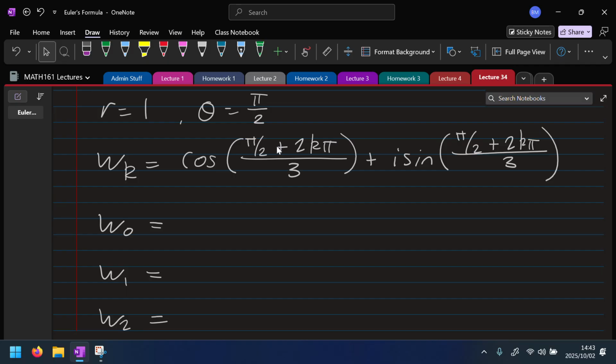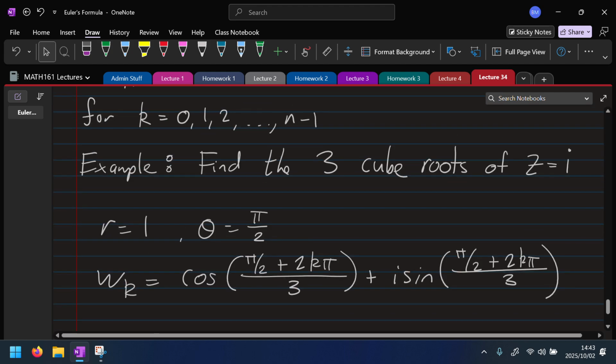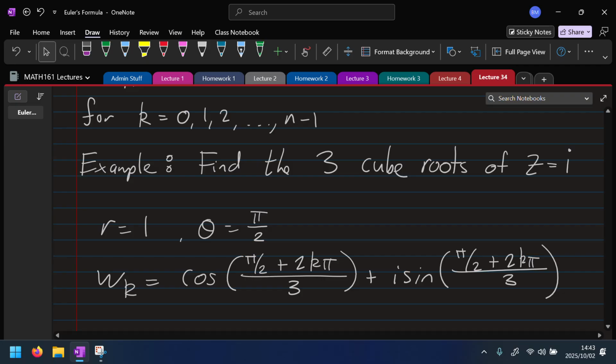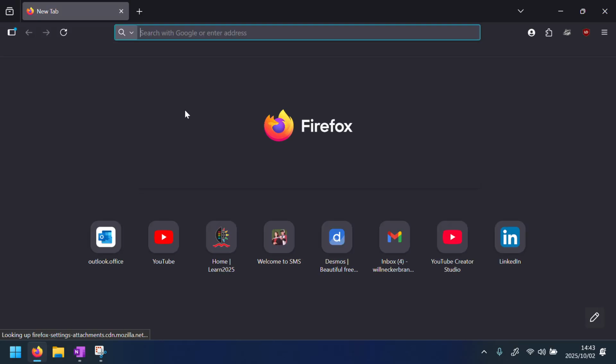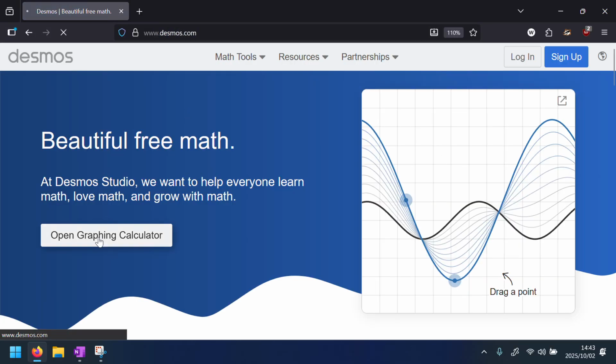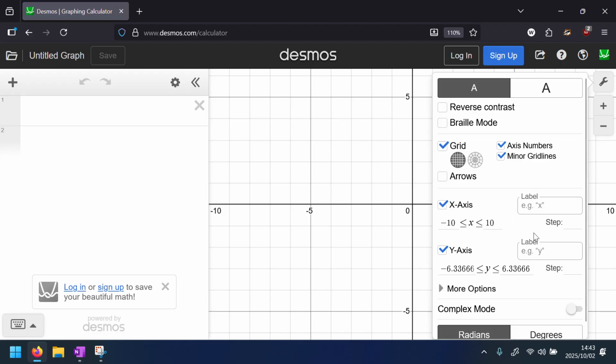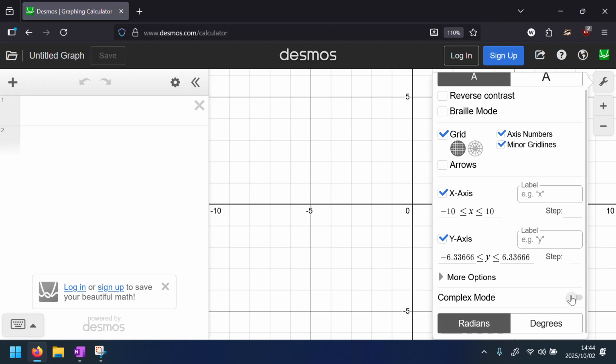Okay, get your calculators, work it out. W0. Pi over 2. That's the angle for i, because i is going up. Okay, let me go to Desmos, I can show you. Remember where i is on the complex plane?